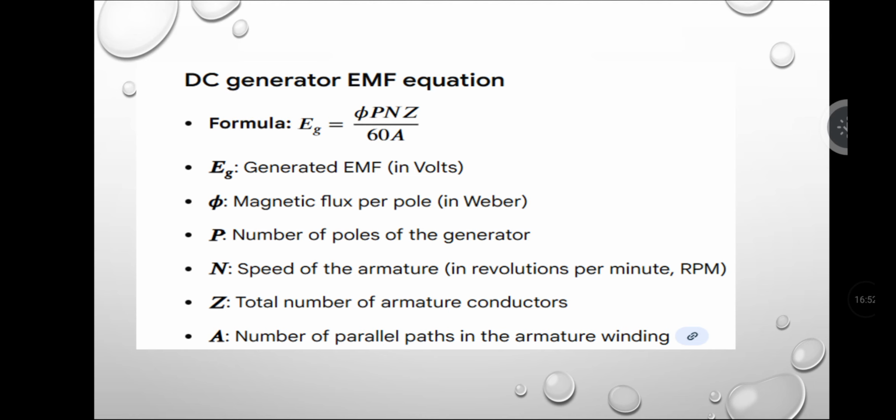P is the number of poles of the generator. N is the speed of the armature in revolutions per minute, RPM. Z is the total number of armature conductors, and A is the number of parallel paths of the armature winding. How many parallel paths are there in that armature winding is denoted by A, and it is mentioned in that equation.